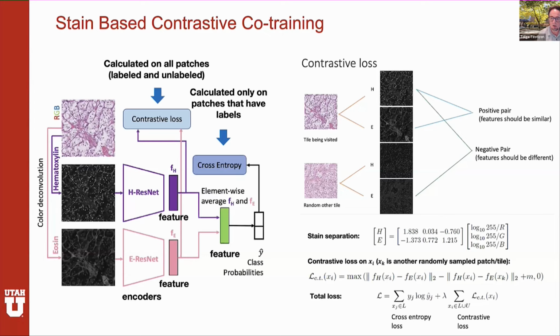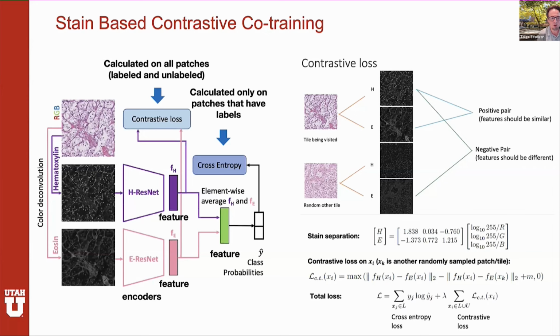So what we're building on is this very well-known, decades old approach called co-training, which relies on multiple views of samples and applies some sort of consistency loss between the predictions from multiple views.